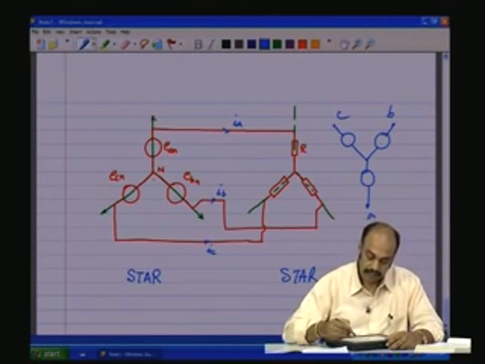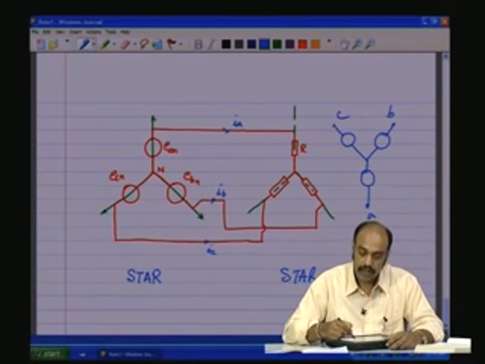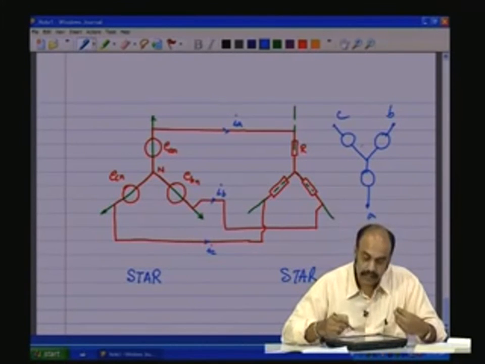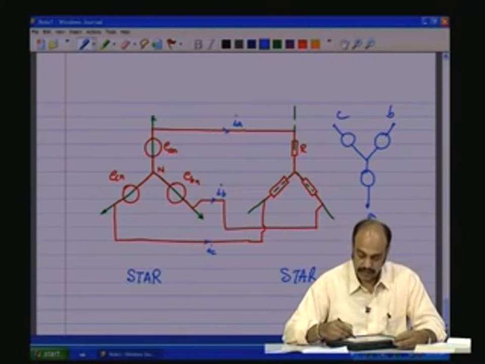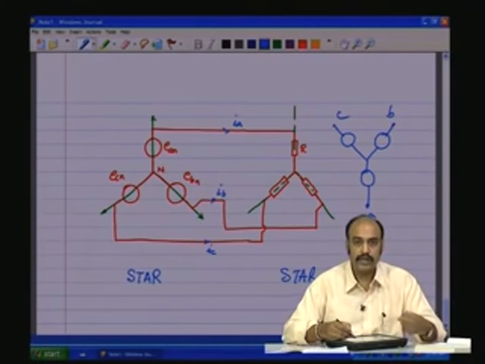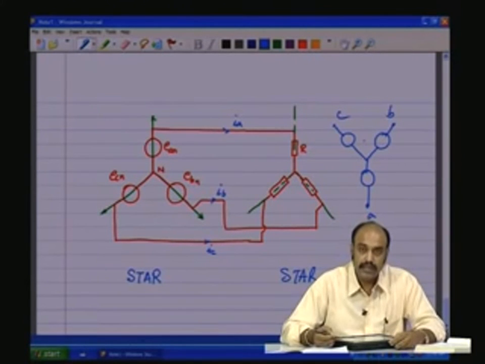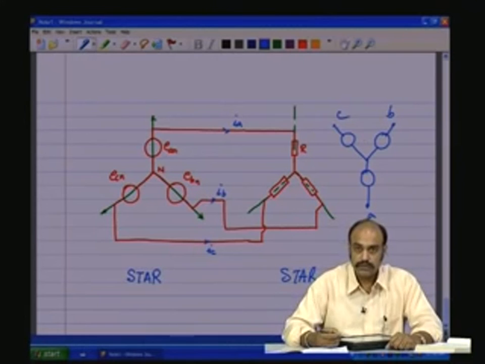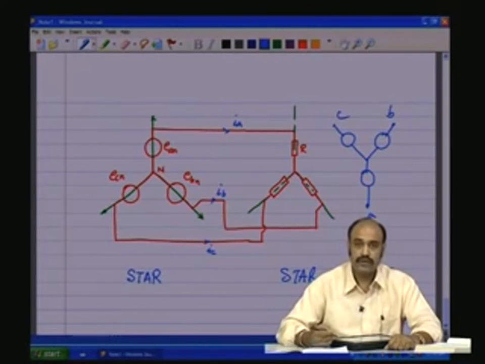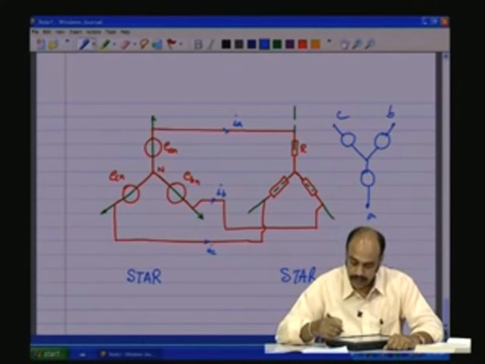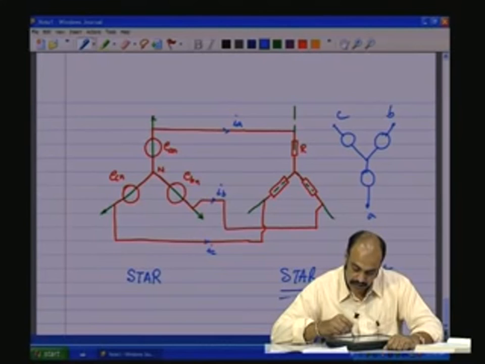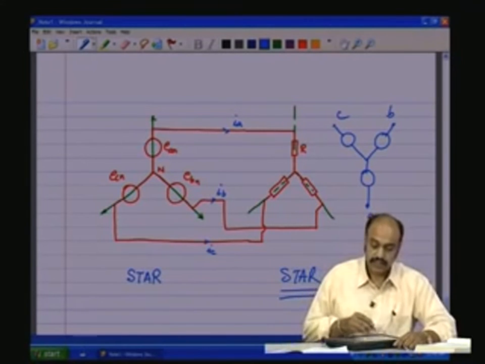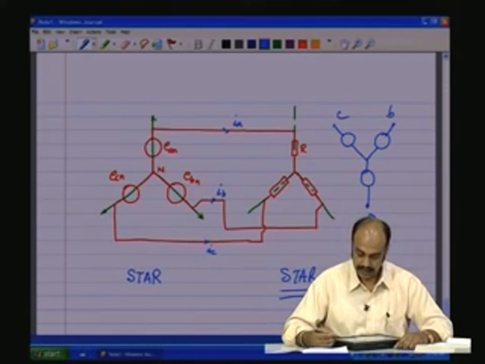So, for this type of circuits where you have one end of the sources or the loads connected, joined together, common, and the other 3 terminals are taken out and used for connection to the source or the load, then such a connection is called star or Y connection. So, this is a star or a Y connected circuit.